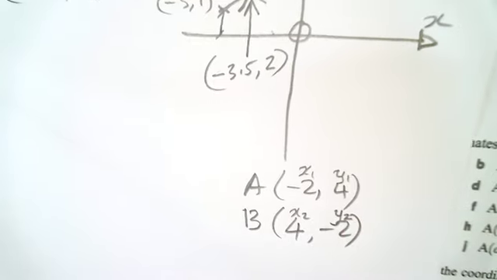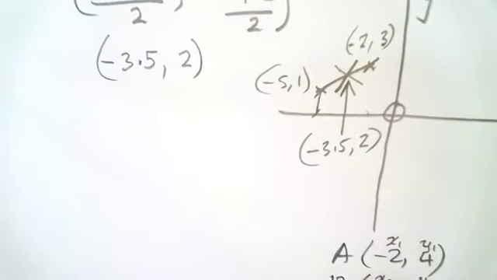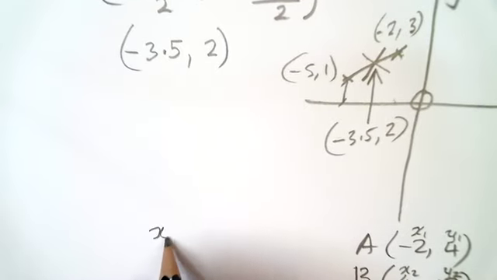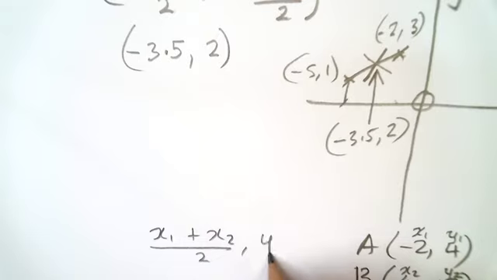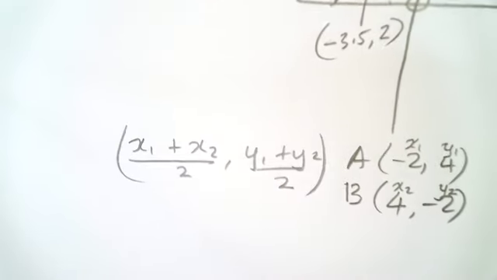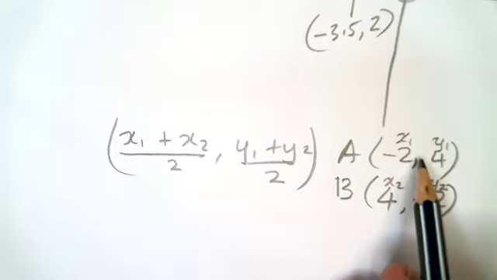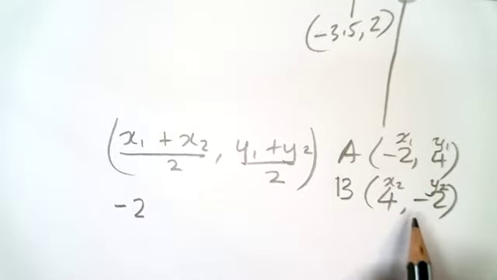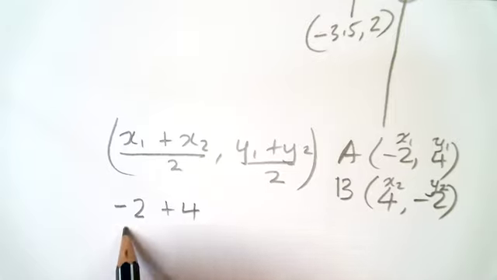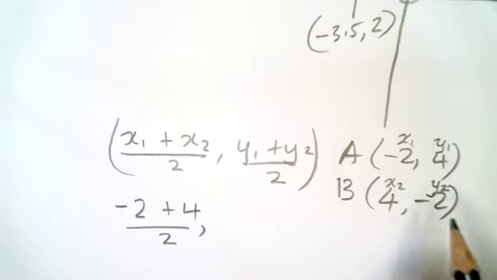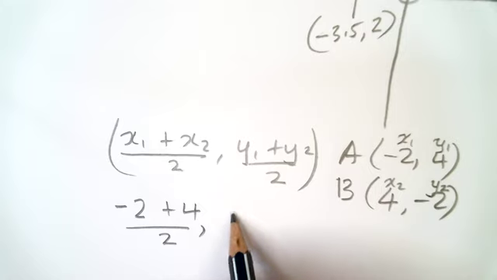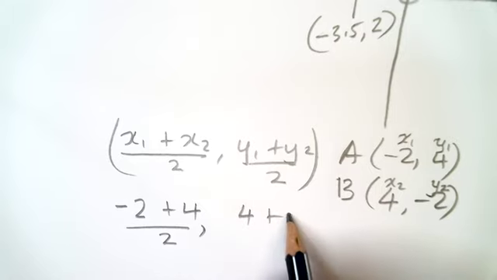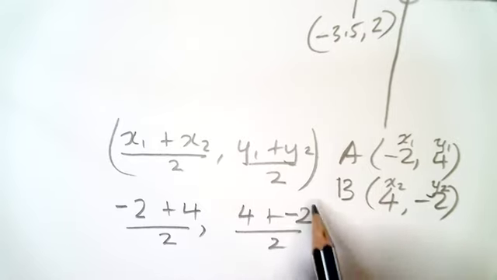There they are. So now let's populate the formula: x1 plus x2 over 2, comma, y1 plus y2 over 2. So what does that all equal? Well, my x1 is negative 2, my x2 is 4, all over 2, comma, y1 is 4, y2 is negative 2, over 2.